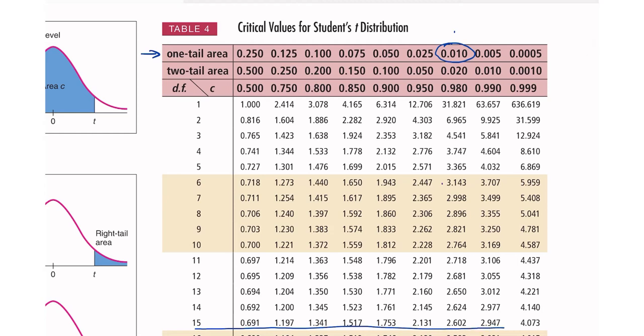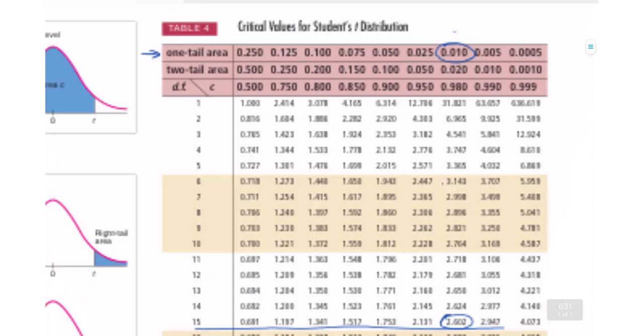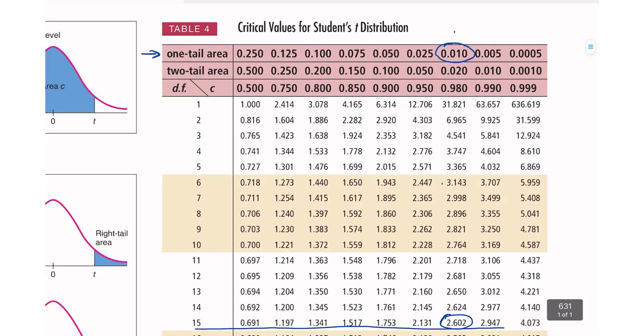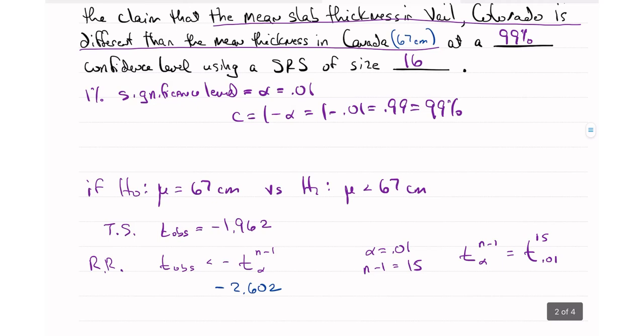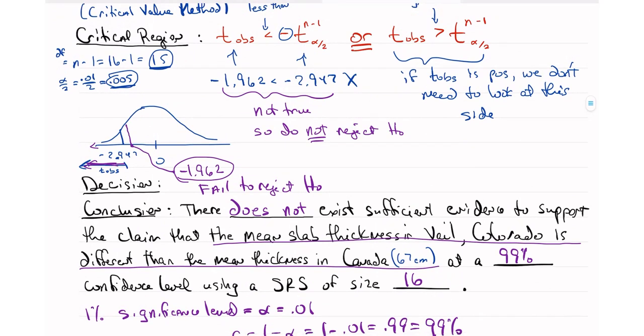And so now our number is 2.602. And we come back. It's going to be negative 2.602, I think. Is that what I circled? Yes, 2.602. T observed, negative 1.962, is less than negative 2.602? Now, this is still not true. Here, I had to be less than negative 2.947.